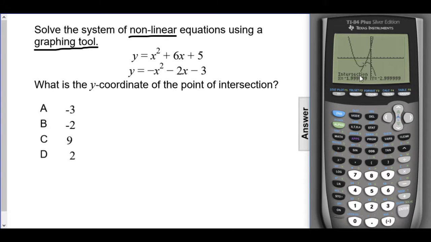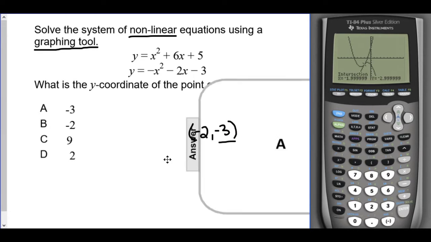Sometimes the calculator gives us these 0.9999 decimals instead of the exact value. Well, we can round and say that x equals negative 2 and y equals negative 3. So sometimes the calculator has that limitation. So we can round to whole numbers as negative 2, negative 3. Then the y-coordinate would be negative 3.